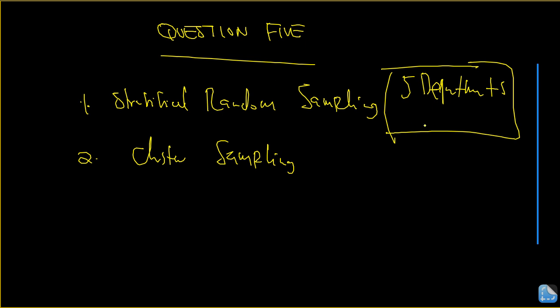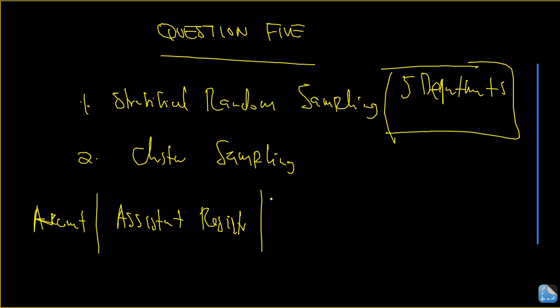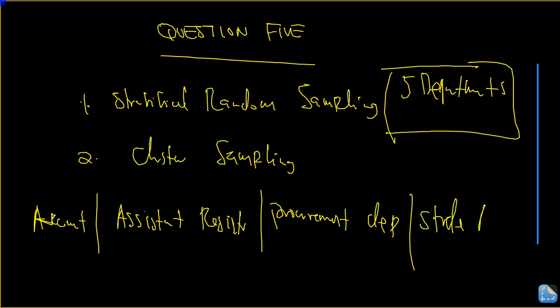Now, if GSB has 5 departments, let's just give them random names. Let's say it has the accounts department, the assistant registrar, the procurement department, and the student affairs department.